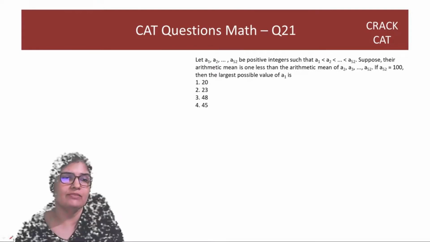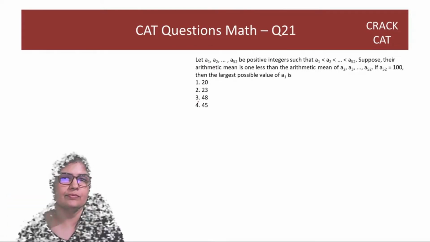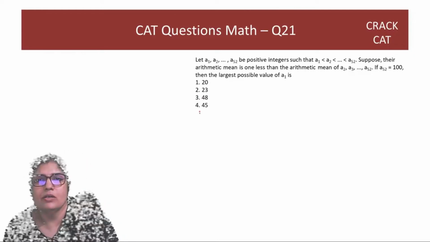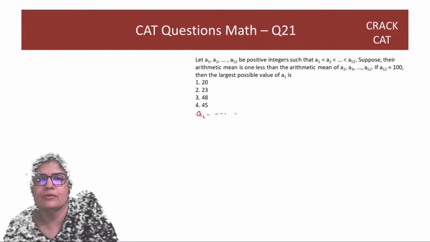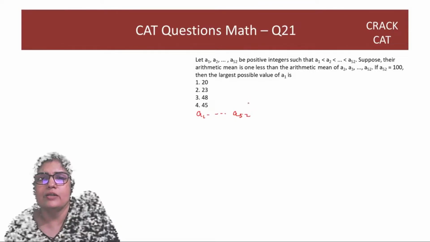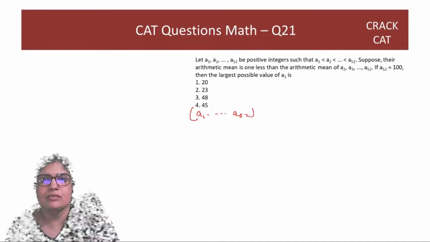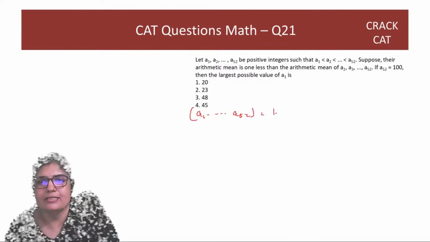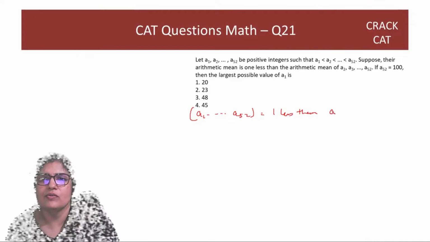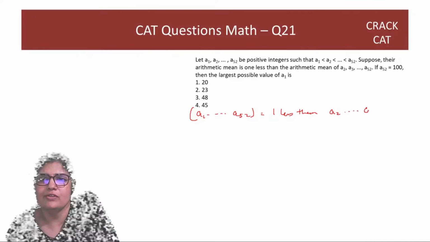Next, this one is a little difficult. A1 to A52, they're all in ascending order, right? So the arithmetic mean of these numbers is 1 less than the arithmetic mean of A2 to A52.